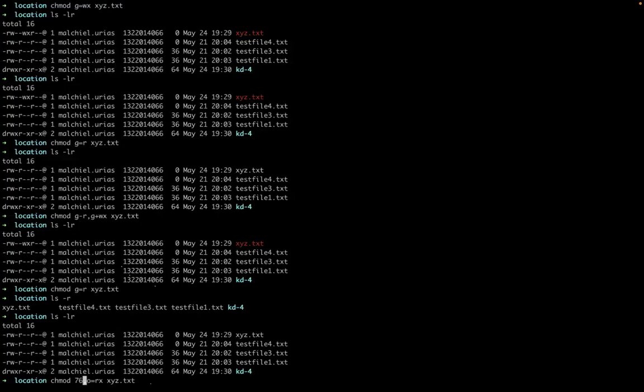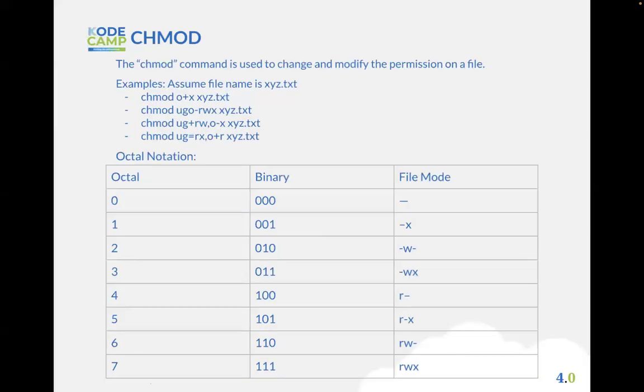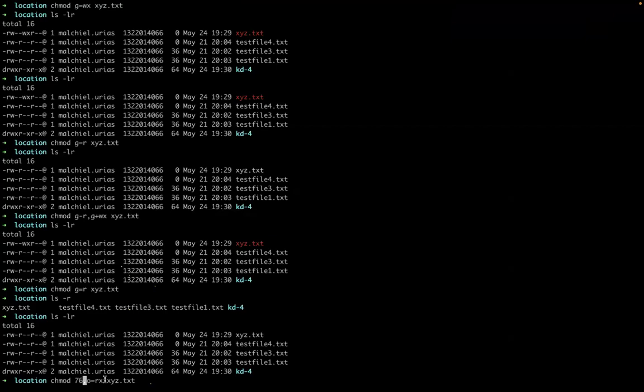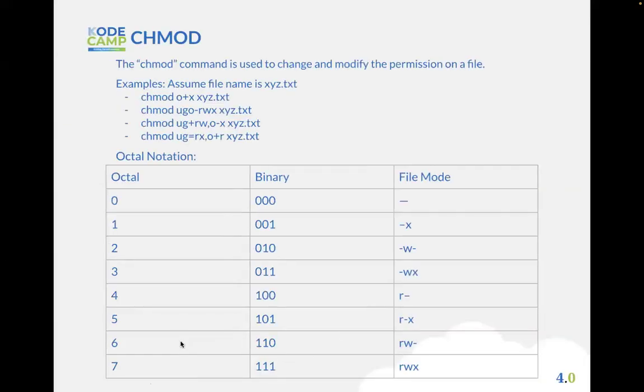You write them together. And 7, 6, and we want R and X. That's read and execute, right? That one we use 4.